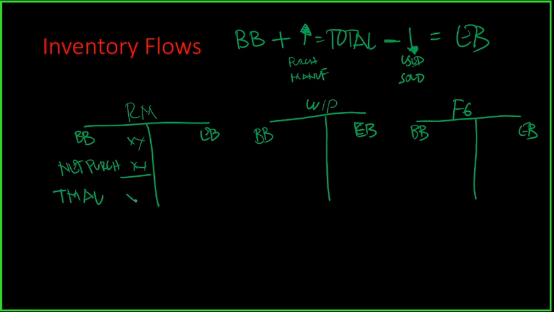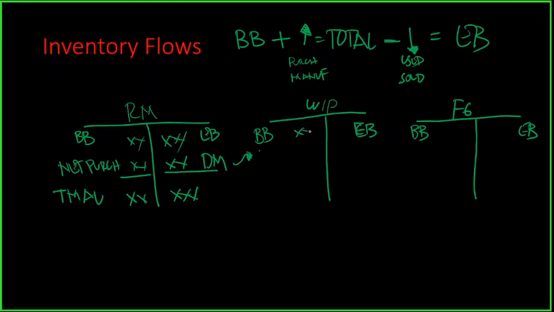So from your total materials available for use, if you deduct your direct materials, you will now have your ending balance. Your direct materials is your raw materials used. It will go to your work in process.